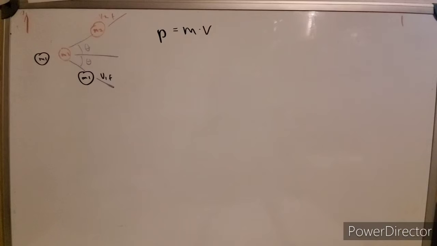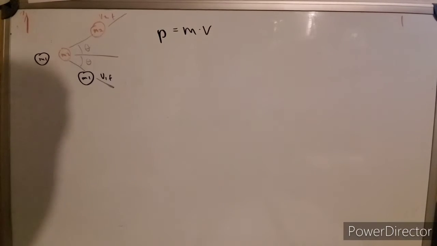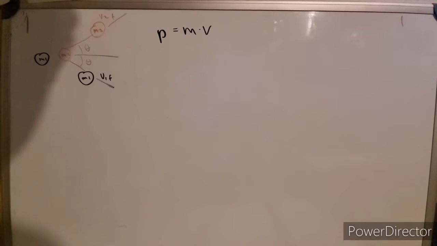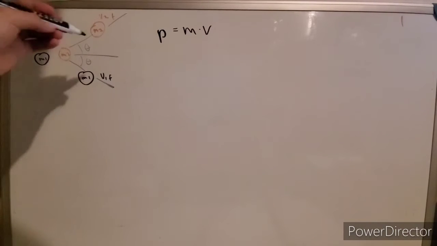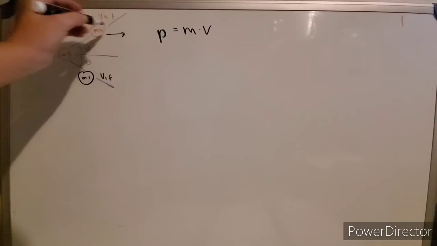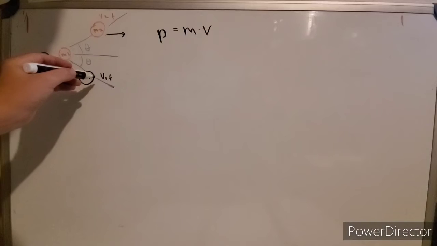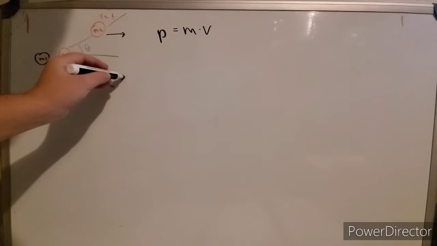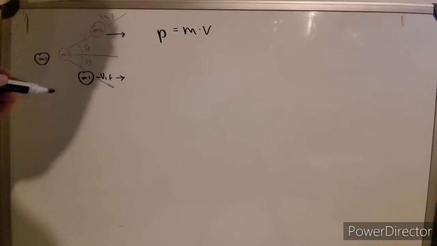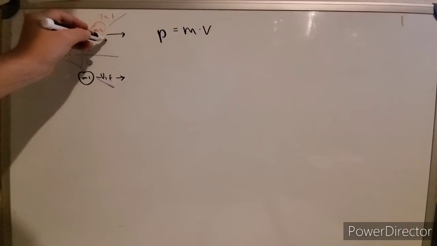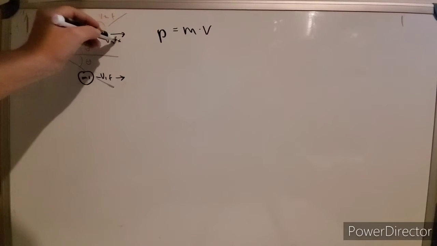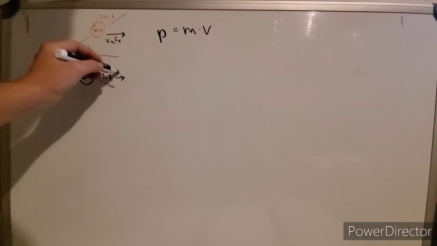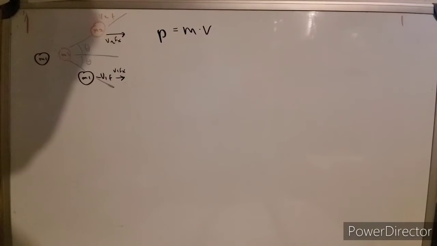First, for the momentum in the x direction, we'll draw it. Here you have the ball going in the x direction, and this ball as well. Here we have v2 final for the x direction, and here v1 final in the x direction.